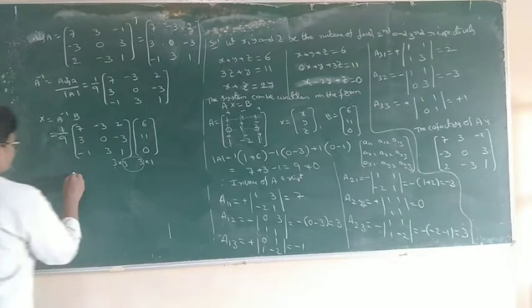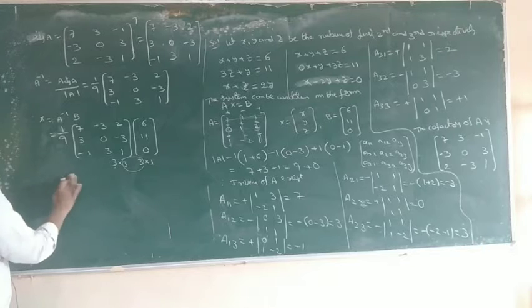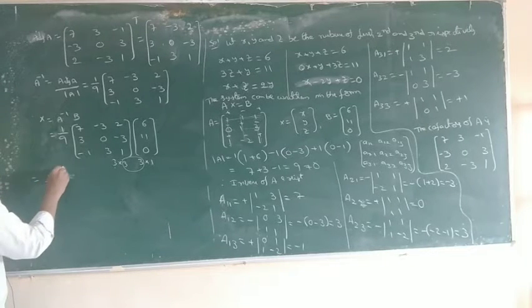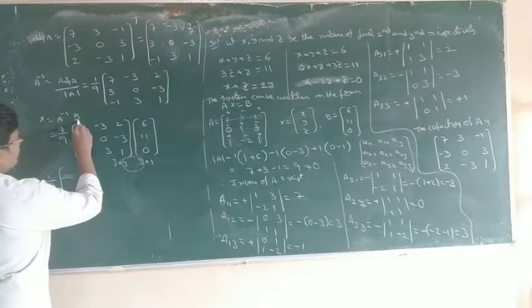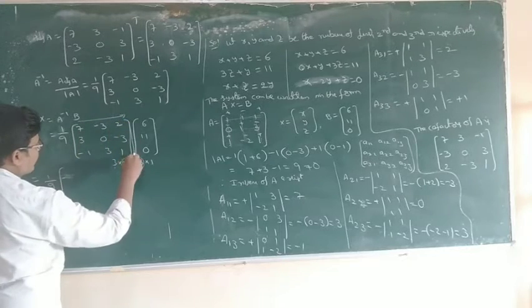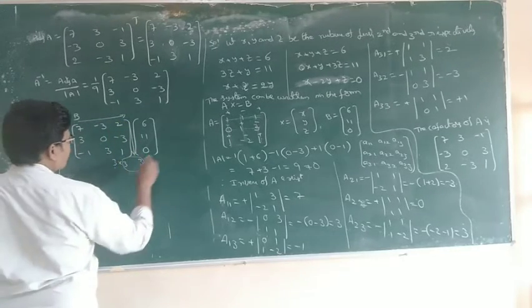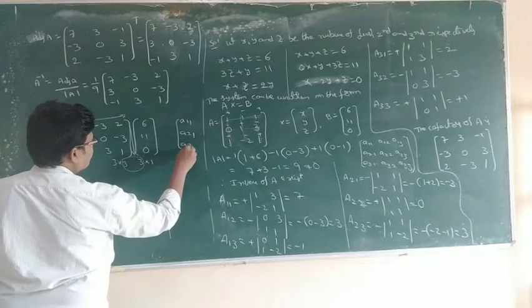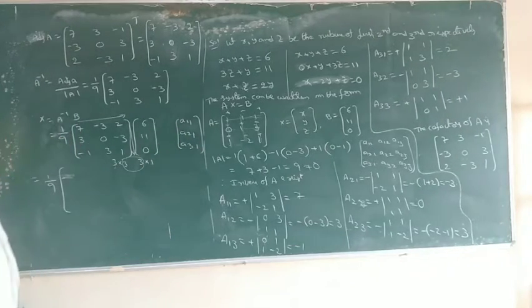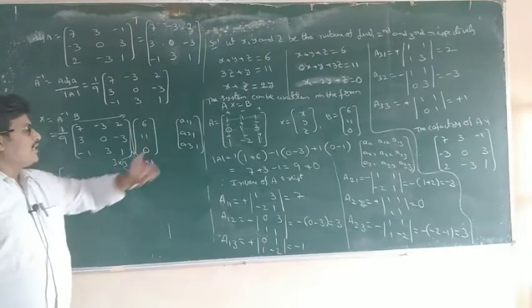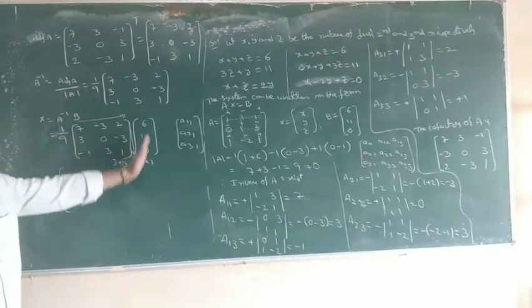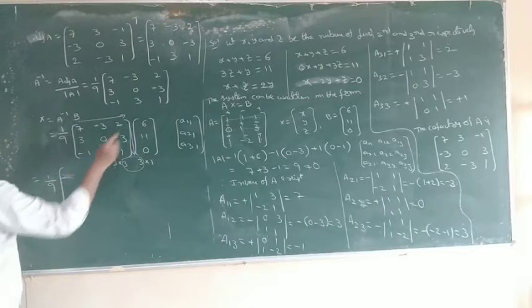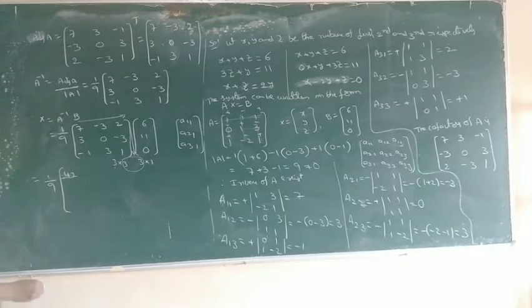So that is equal to 1 by 9 into the multiplication. How to multiply? First matrix columns, second matrix rows. So the 3 by 1 matrix means A11, A21, A31. First A11: first row, first column. So 7 into 6 is 42.